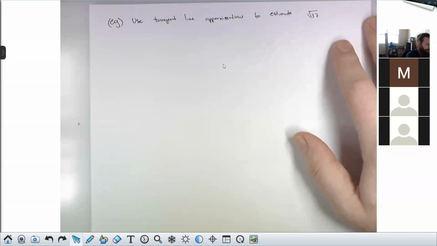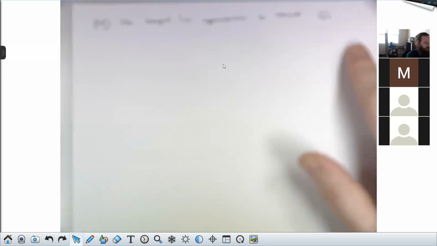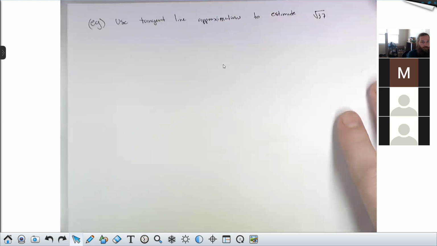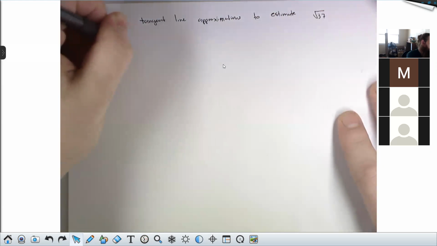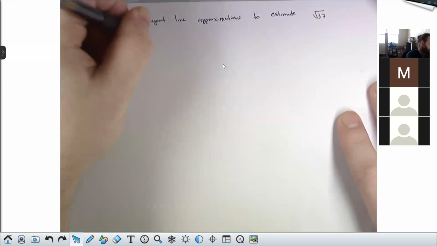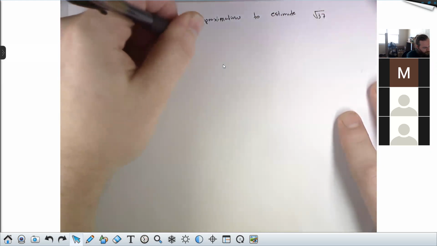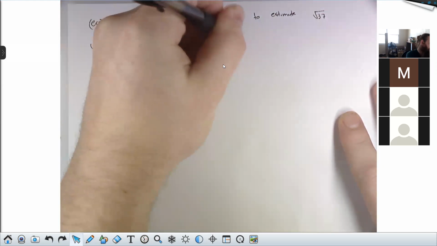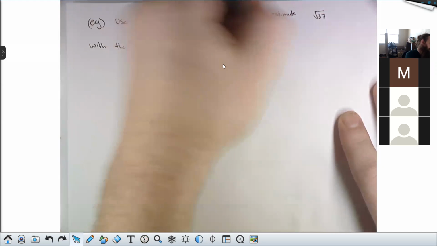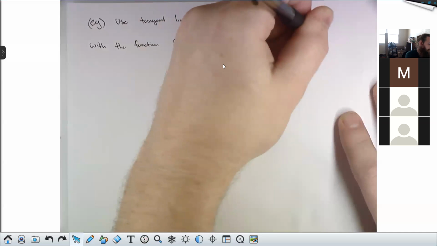All right. With the function f of x equals square root of x and base point x equals 36.